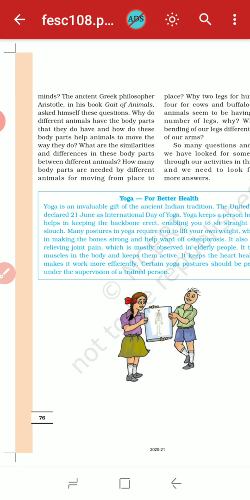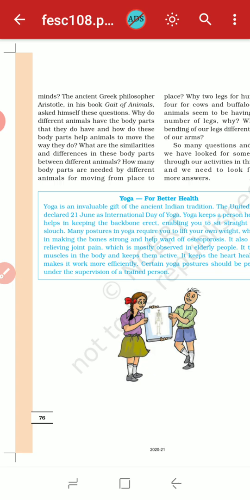The ancient Greek philosopher Aristotle, in his book Gait of Animals, asked himself these questions. Why do different animals have the body parts that they do have, and how do these body parts help animals to move the way they do? What are the similarities and differences in body parts between different animals?